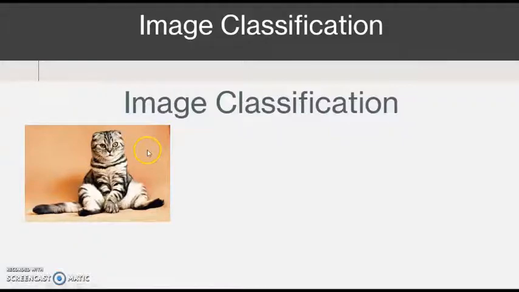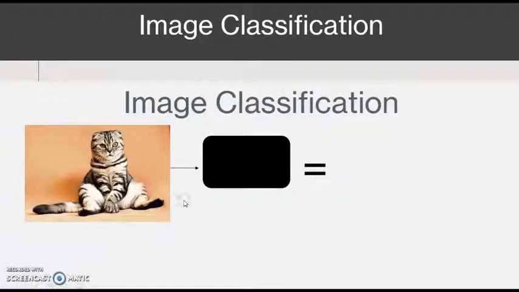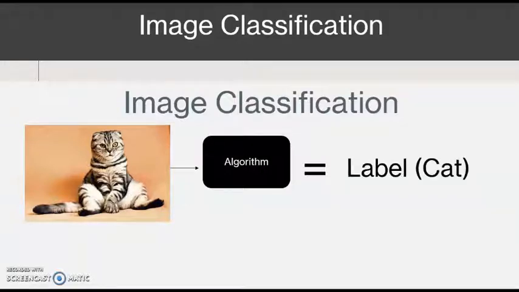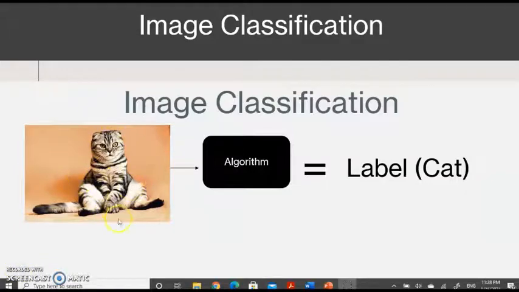So, for example, this is an image. We insert it into an algorithm, or we can say a function, and then we see the output, which is the label this image belongs to. So we have three components: the input, the output, and the function, which is an algorithm in this case.